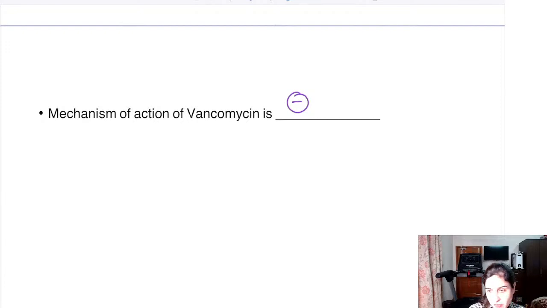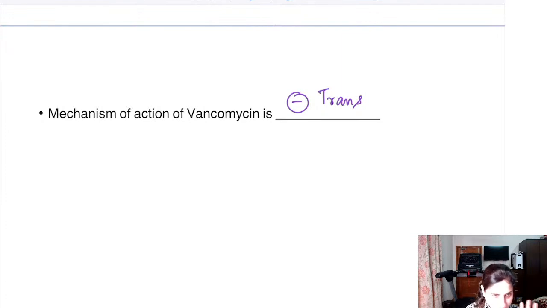If vancomycin inhibits an enzyme, which is... no, transpeptidase is for beta lactams. That is why I asked this.